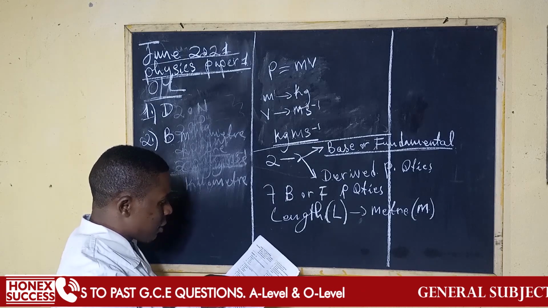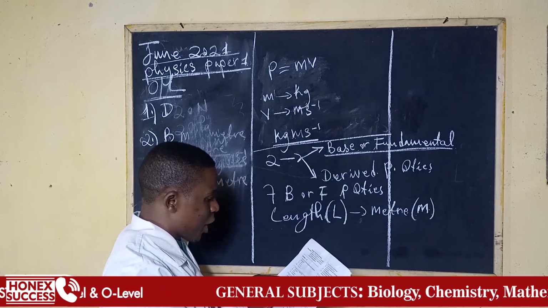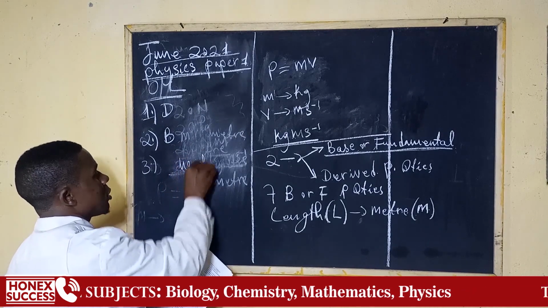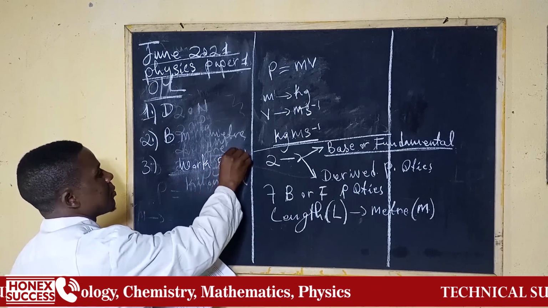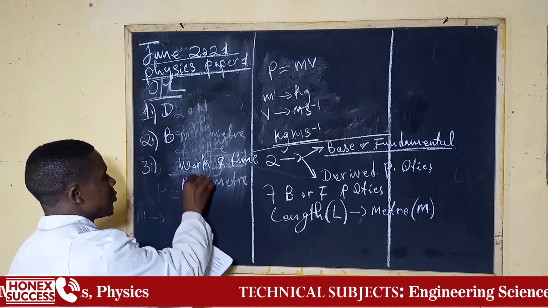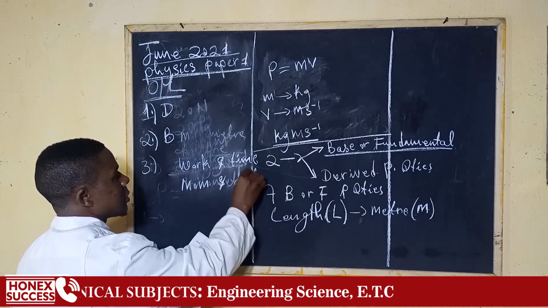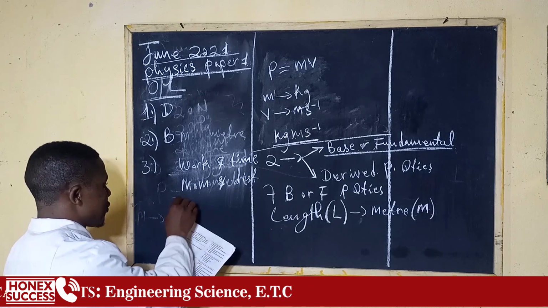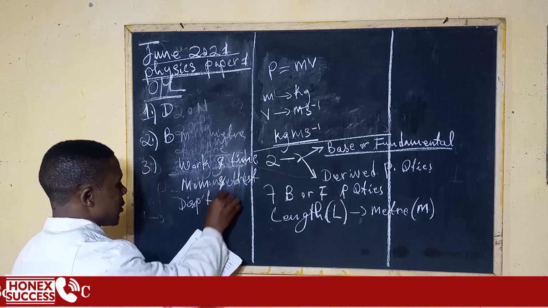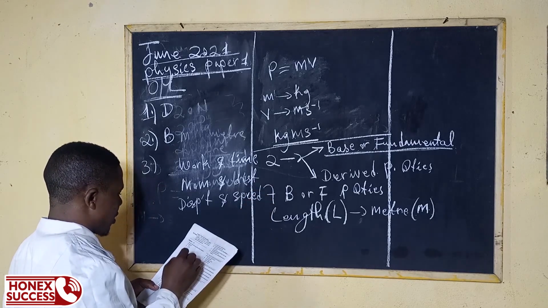The first option talks of work and time. The second option gives us momentum and distance. Then the third option gives us displacement and speed. And the fourth option gives us velocity and force.